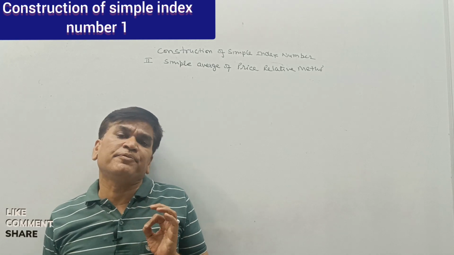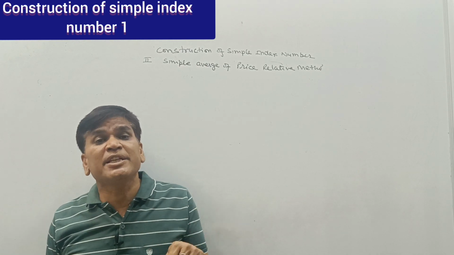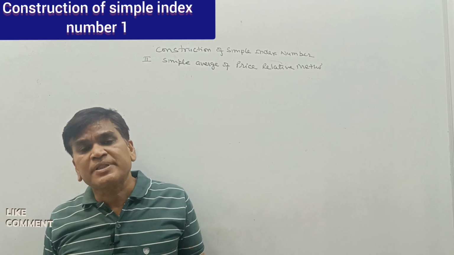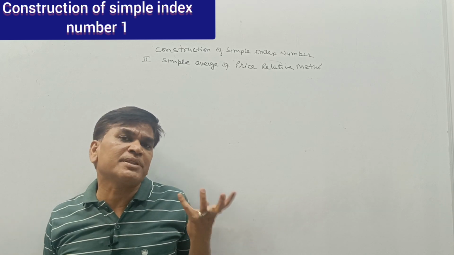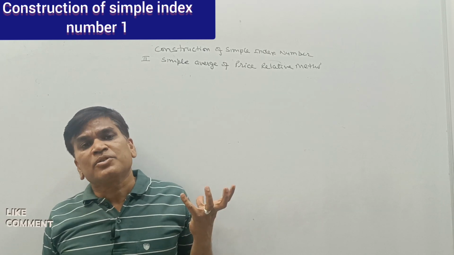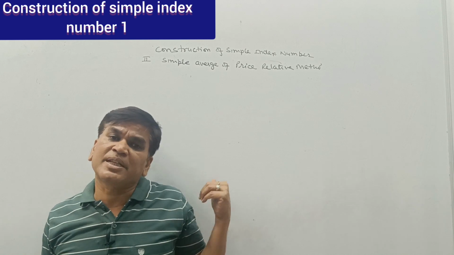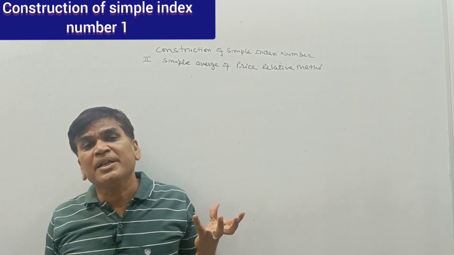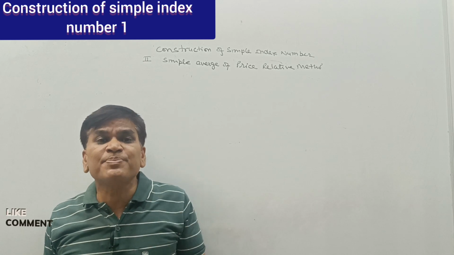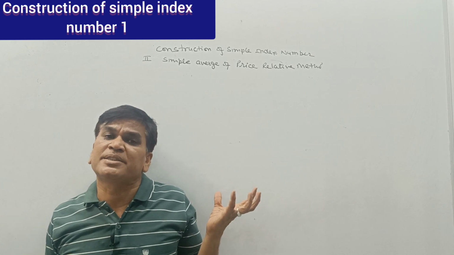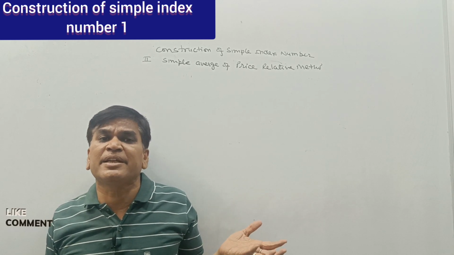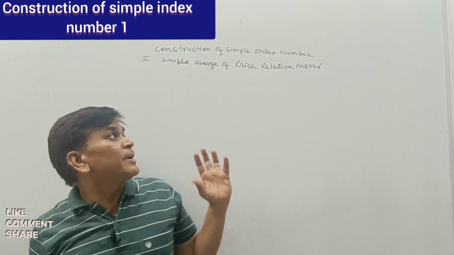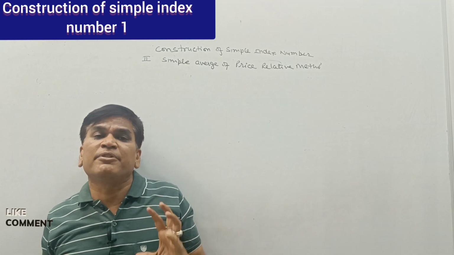One is fixed base, and the second one is average base. First, suppose our first year is the base; using this base, it will be called the fixed base index number. Or secondly, if we are using the average price of the commodity, a 6-year average price or 8-year average price, then it will be called the average base index number.